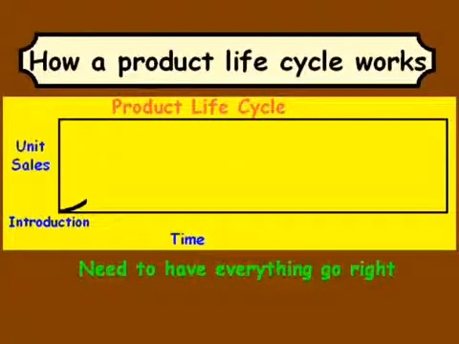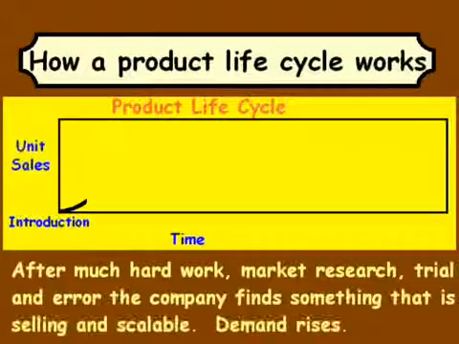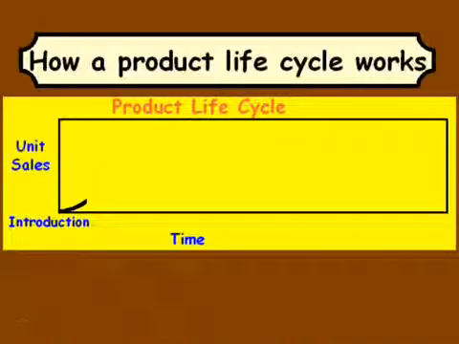Now, this is the most difficult stage because there's much trial and error, and it's very difficult to get something off the ground. You have to find something that's working.